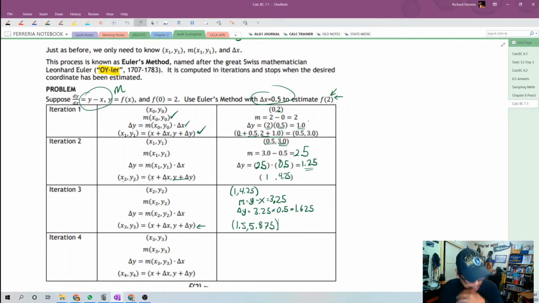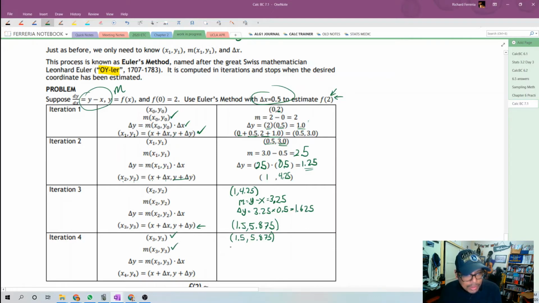We need to stop when the x coordinate is 2. So we continue again. Bring down that coordinate that we got from our third iteration, 1.5, 5.875. Find the slope. Step 2.